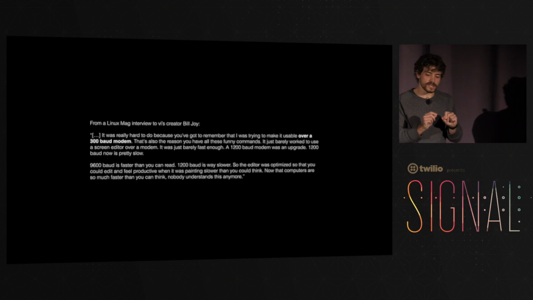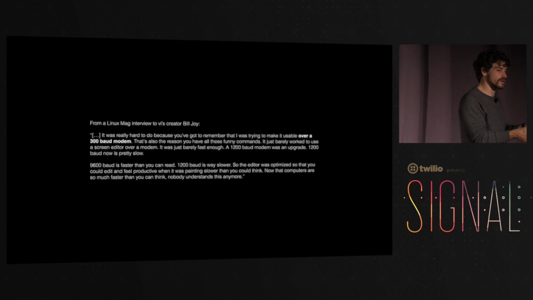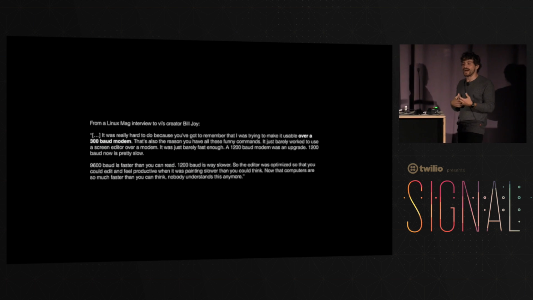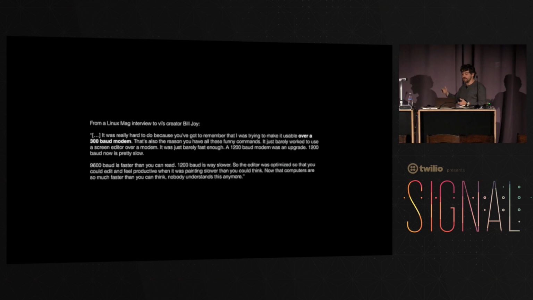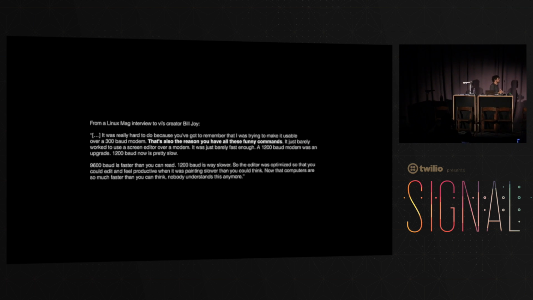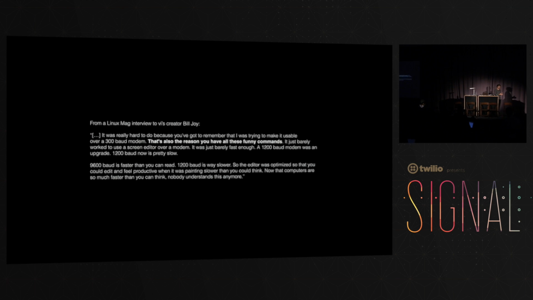So you want to make sure that the commands that you're writing over the wire are so small that the response can come back as soon as possible so that you can resume your thinking. And basically, this is the reason that today we have these commands. It wasn't so much that they were trying to create the best user experience. It was that it came from the standpoint of minimizing latency and bandwidth.